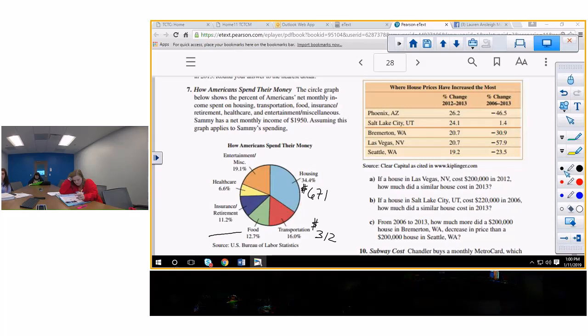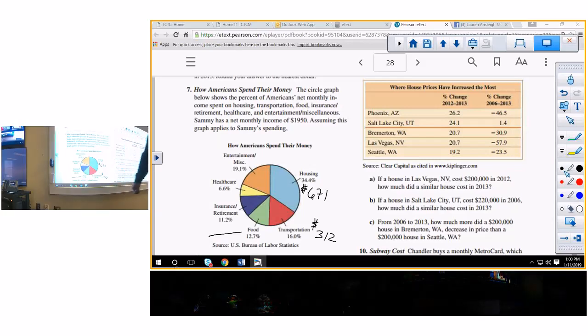What's 0.127 times 1950? 248 rounded. 248.